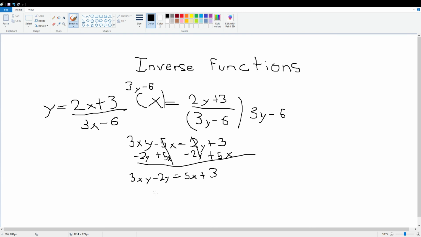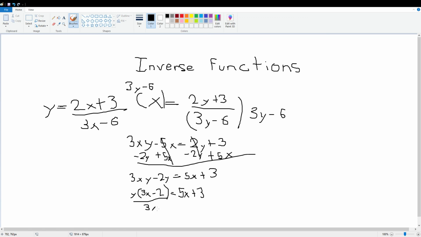So when we factor out the y, you kind of just multiply 3x minus 2 because we have a 3x times the y and minus 2y. So then we have y times 3x minus 2 is equal to 6x plus 3.